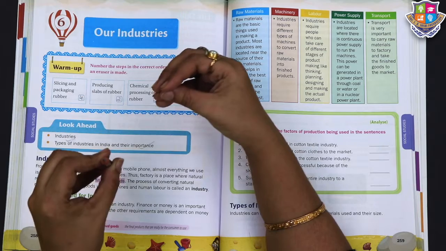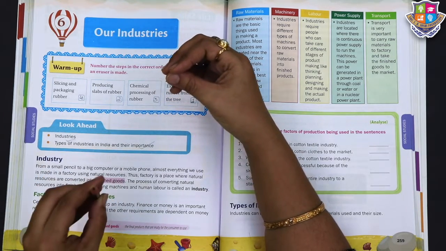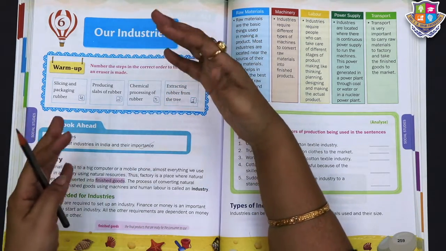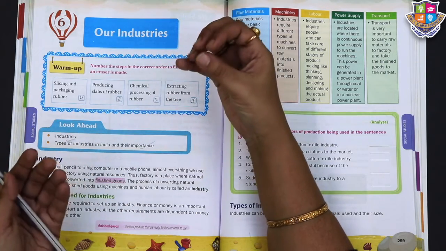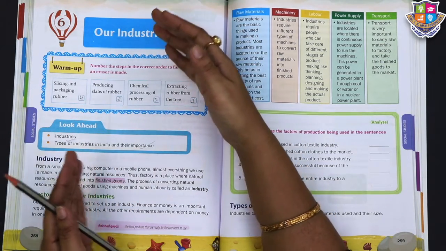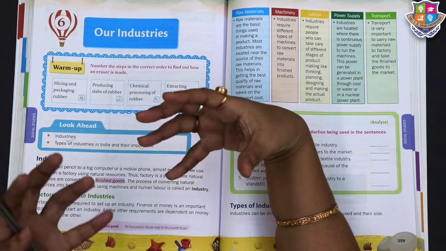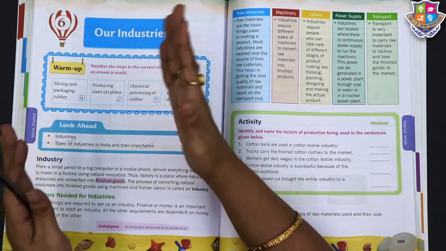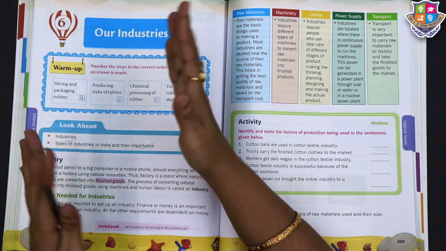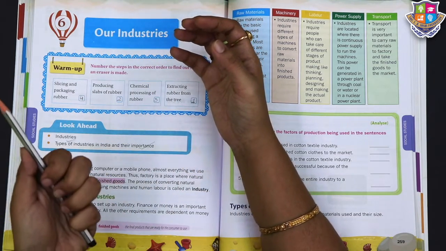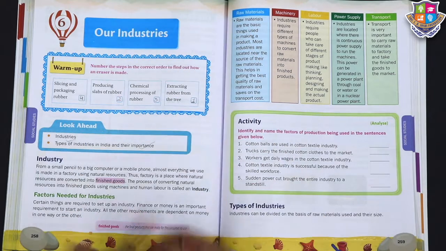So each and everything, starting from the pencil, the computer, the laptops, the mobile phones, the tabs which we are using, everything has to undergo a process. And almost all the processing is done in the factories. And there are some natural resources through which these things are made.